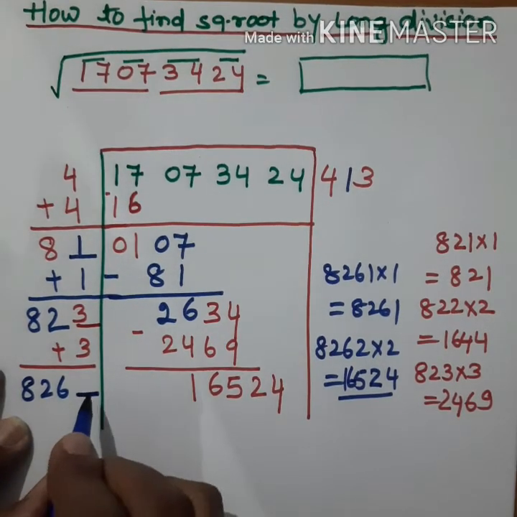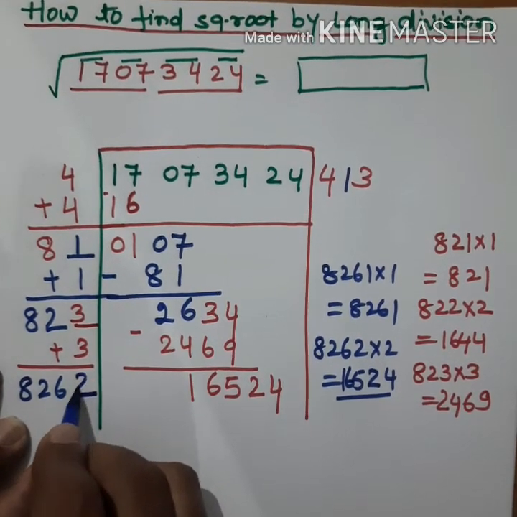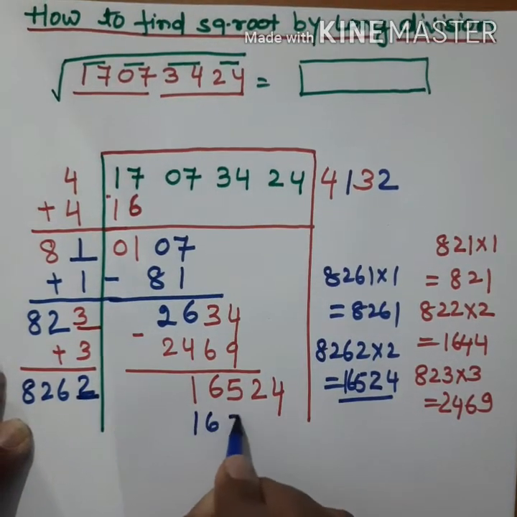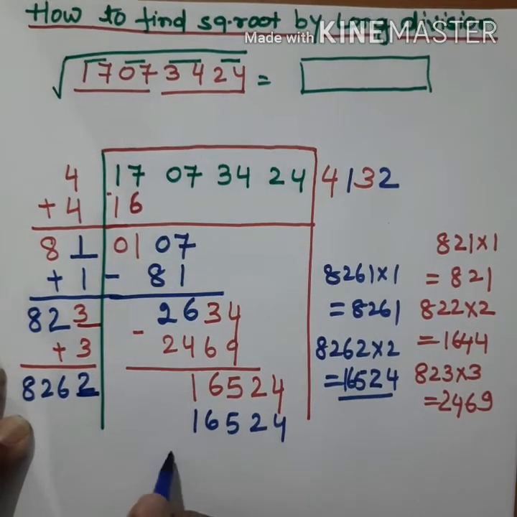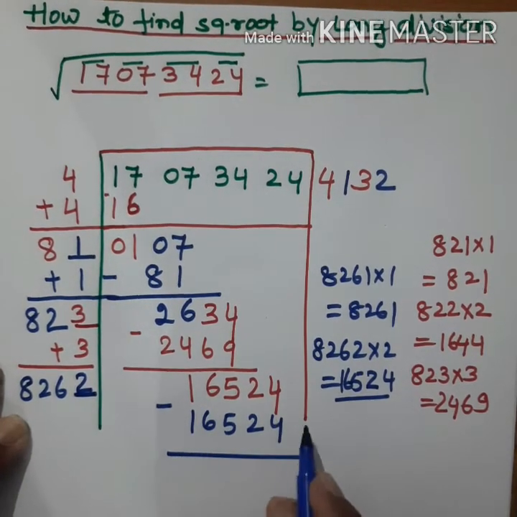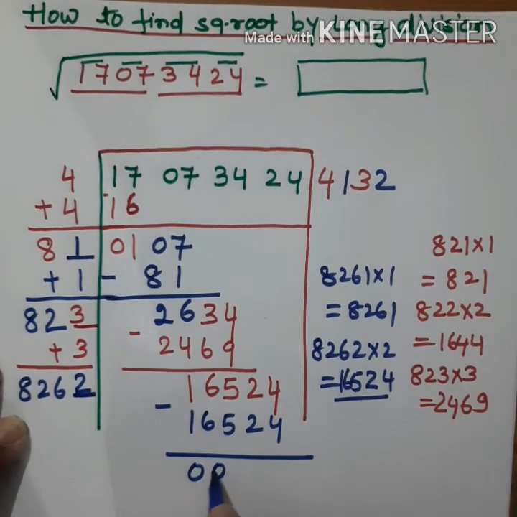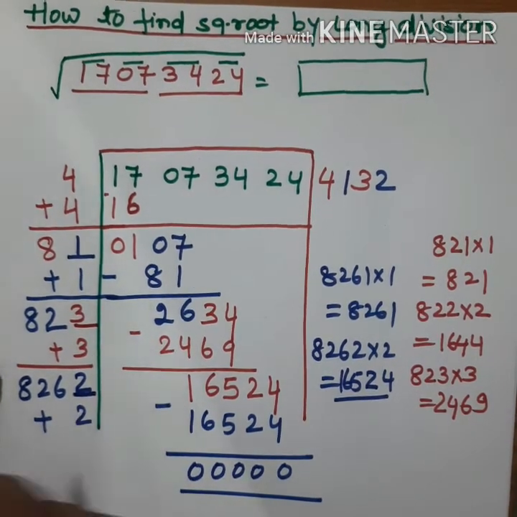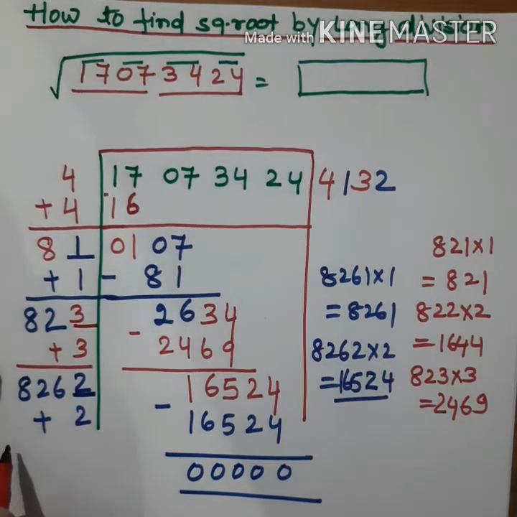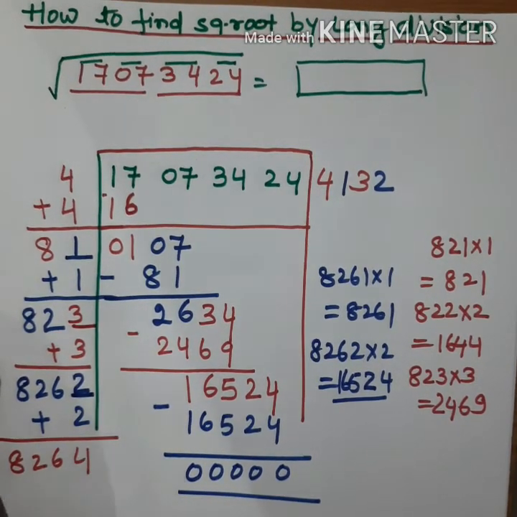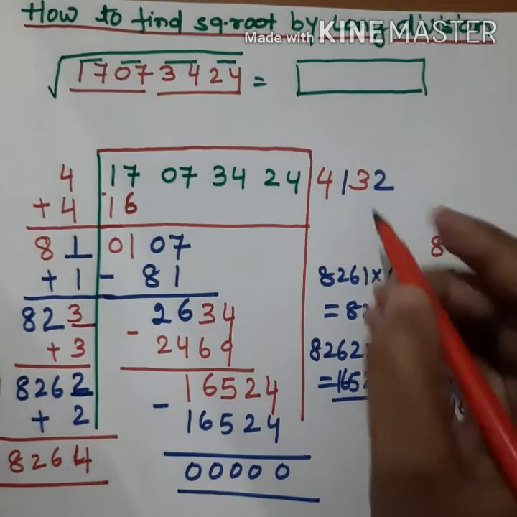So the best suitable number here is 8262 into 2, which gives you 16524. So after subtracting 16,524 from 16,524, your remainder is 0. And here in the divisor's place again you will add 2. What are you getting here? 8,264.